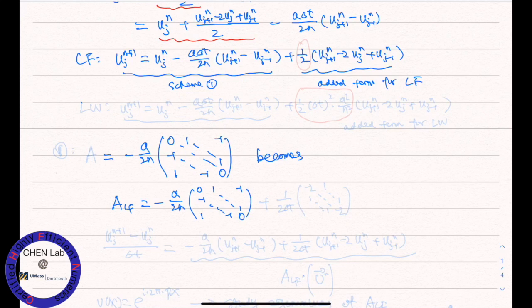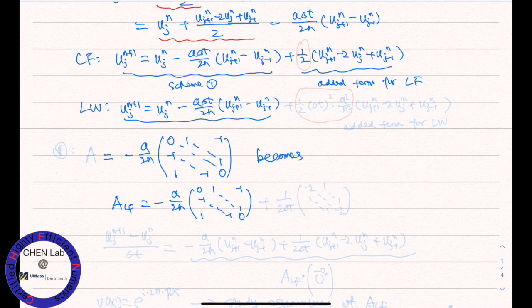By comparison, we recall that the Lax Wendroff scheme can also be written in a very similar way. UJN plus 1 is UJN minus a delta t over 2h, UJ plus 1n minus UJ minus 1n. Again, this whole thing is just like scheme 1, right?